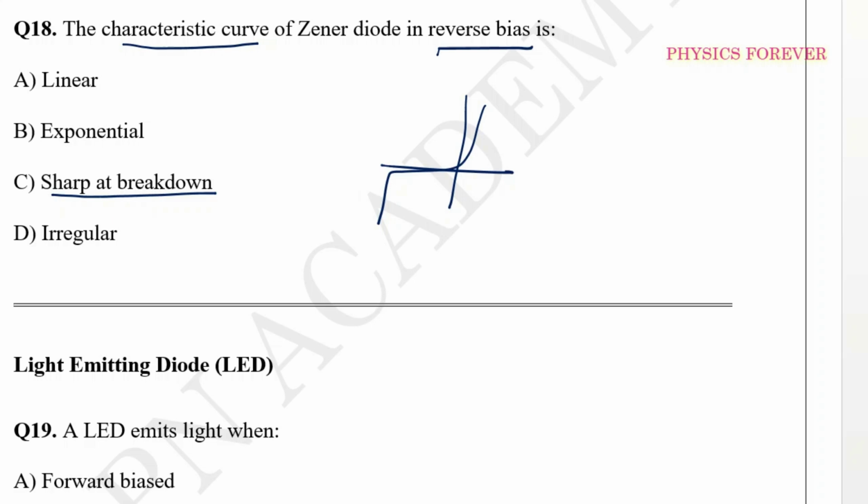So the reverse characteristics show a sharp increase at breakdown.